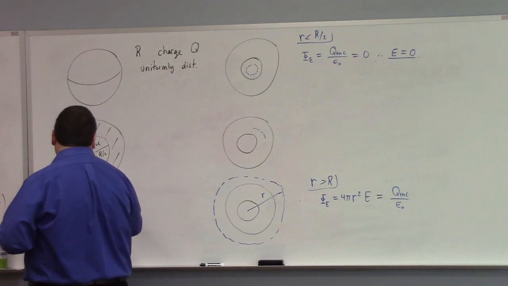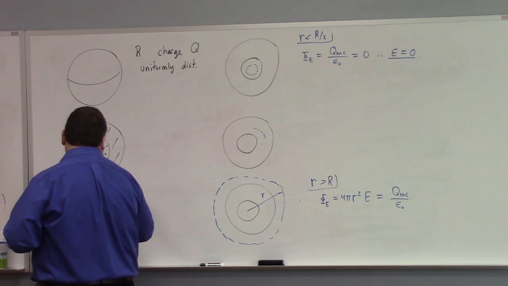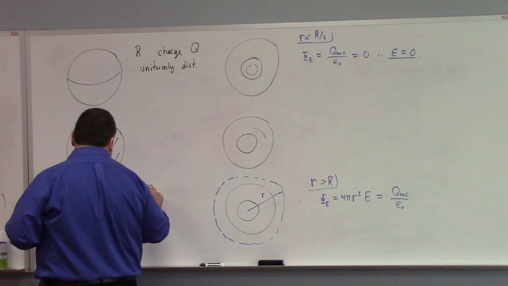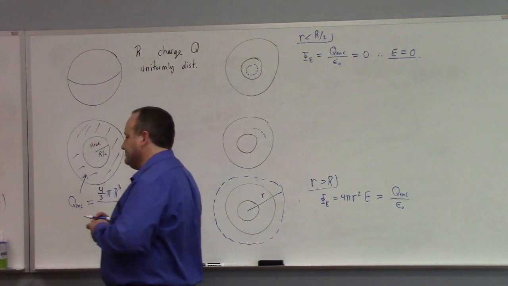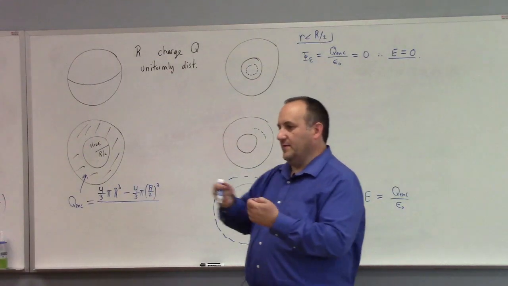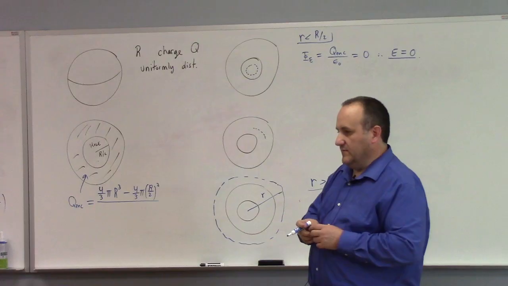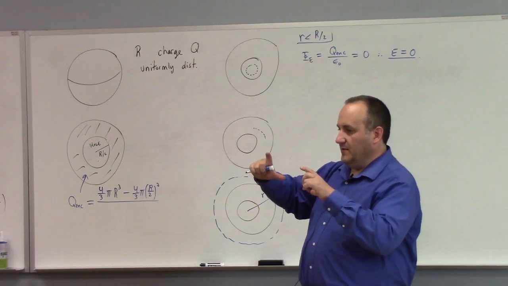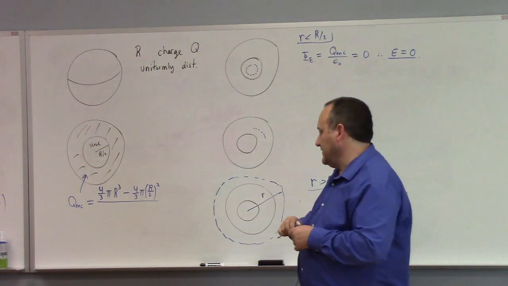It's 4/3 pi big R cubed minus 4/3 pi R over 2 cubed. So it's the total volume minus the part that you cut out. That's how to figure out the volume of a shell like that. Just like for an annulus, between two circles, you calculate the area by subtracting the area of the middle piece.